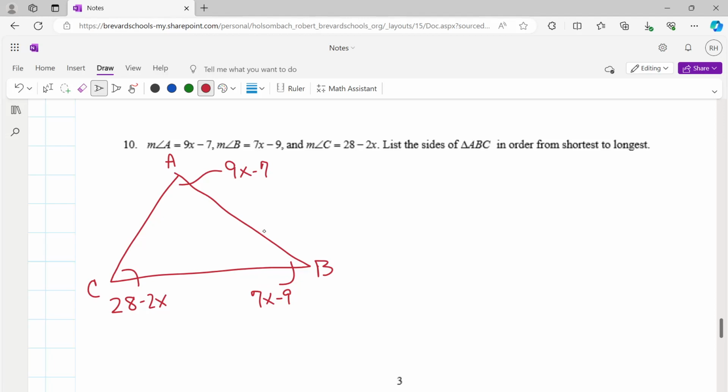180. So if we take 9x plus 7x is 16x minus 2x, we get 14x. If we take 28 minus 7 minus 9, we get 12. So 14x plus 12 is equal to 180.